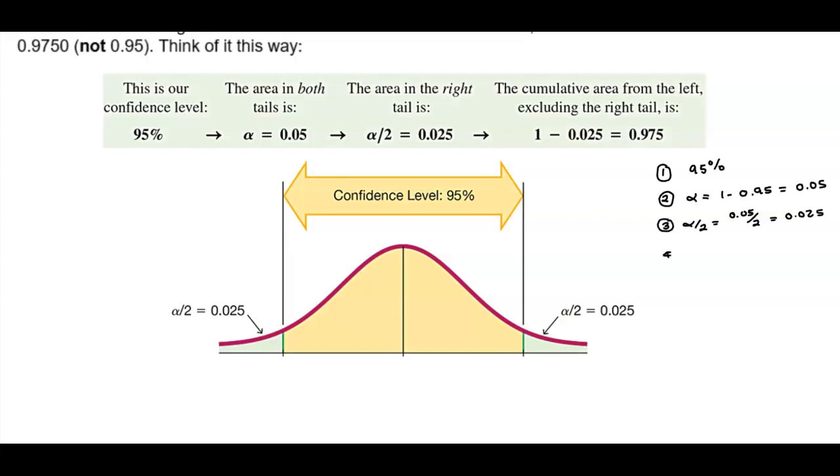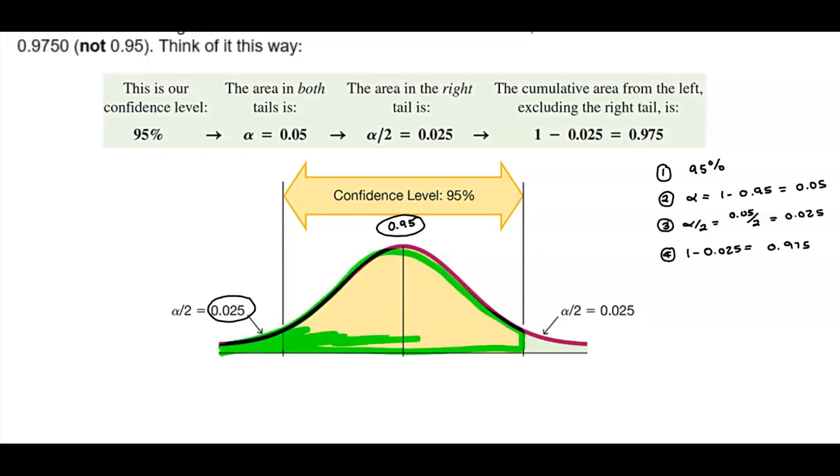And then what we also want to do is, since the middle is 95%, this is 0.95. Now if we take 1 and then subtract the area on the right, 0.025, we're going to get 0.975, which basically is the area that represents everything to the left here, which includes both 0.025 and 0.95.